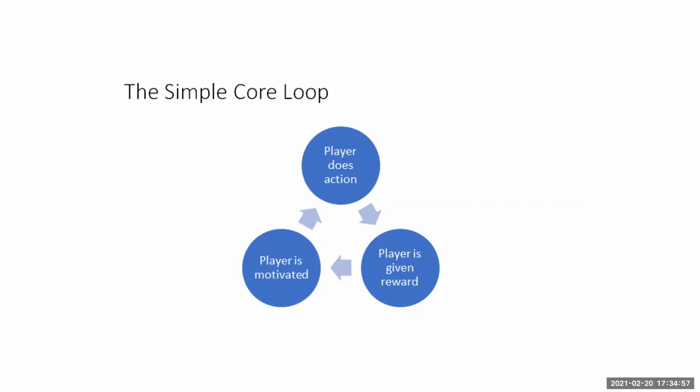The player is given a reward. The reward motivates the player to do the action again. That is the most simple and fundamental core loop. Player does something, player sees what happens, player is interested, player goes and does the action again or does another action to see what happens.